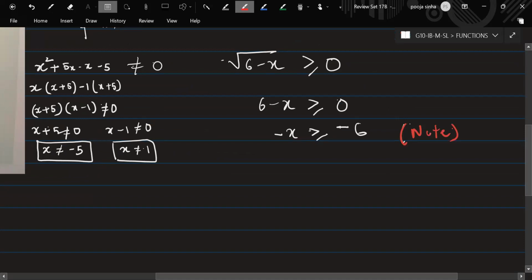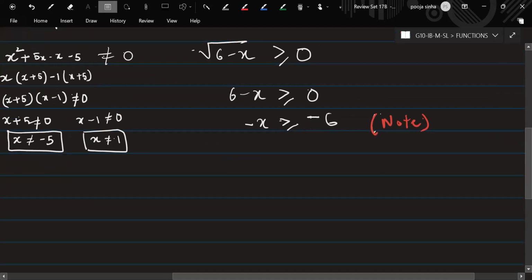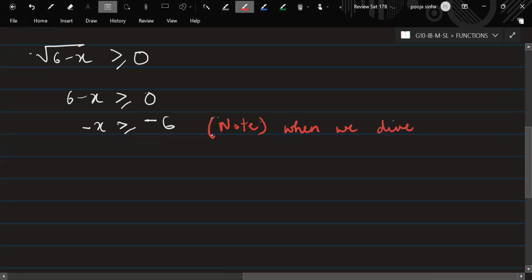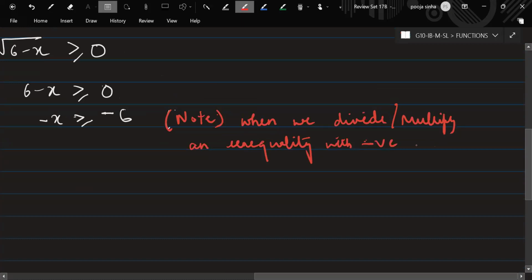Whenever we divide or multiply an inequality with a negative number, the sign of inequality changes.